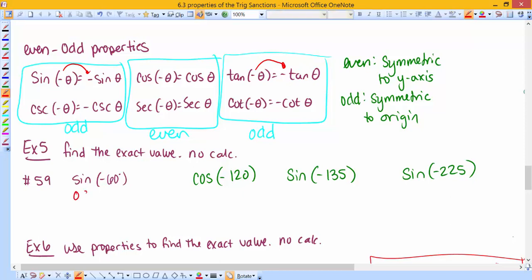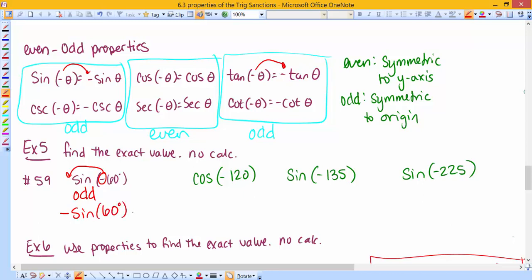So sine, I'm going to first identify sine as being odd. What this does is, I know no matter what, my answer is going to have a negative in the front, because I get to move that negative to the front. So this is negative sine of, now it's positive 60 degrees.